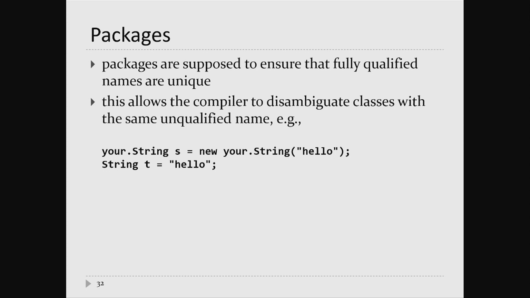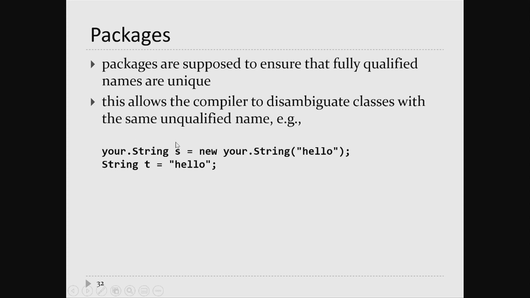But if you decide to make your own String class, for whatever reason, you're allowed to do that, as long as it doesn't have the same fully qualified name as java.lang.String. So for example, you can create your own package called your. Inside that package, you can define the class called String, and now away you go.